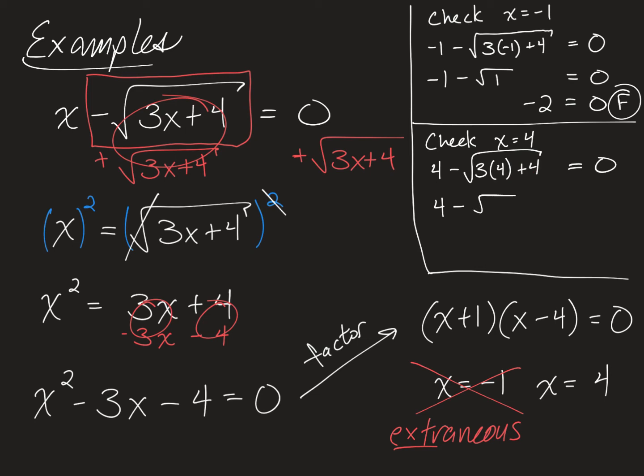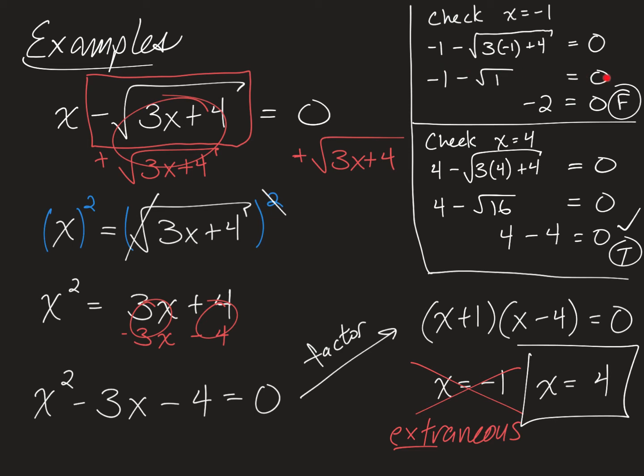So this would be the square root of 16 equals 0. So 4 minus, oh, the square root of 16 is just 4, right? 4 minus 4 is 0. This works. This is true. So x equals 4 would be our answer, and only x equals 4, because we proved earlier that x equals -1 does not work.